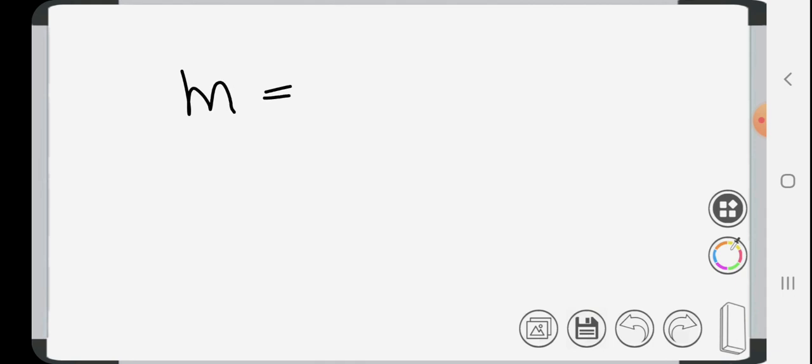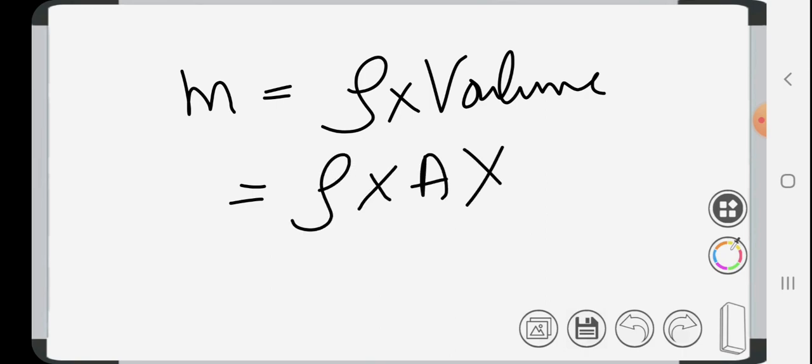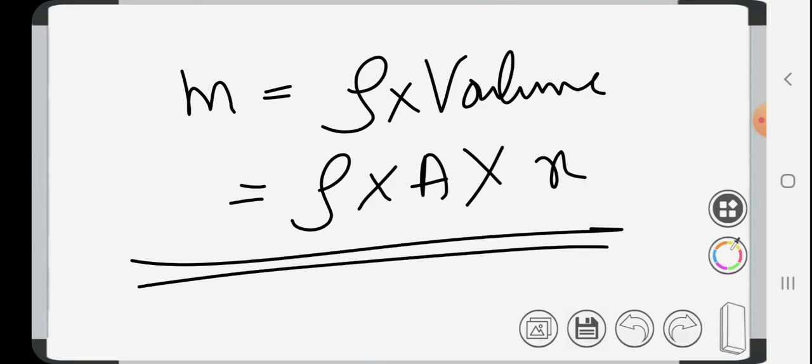Mass in terms of density and volume: density into volume gives mass. So volume is area into distance x. So this is how we write mass in terms of density, area and the length of that section.